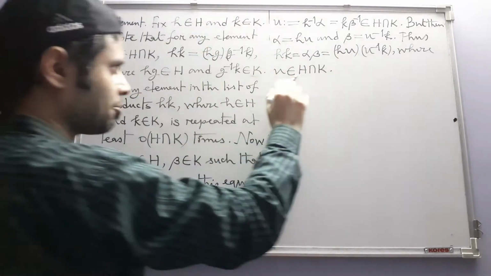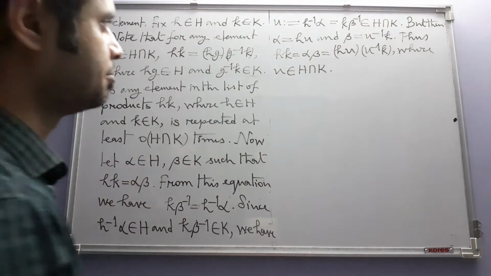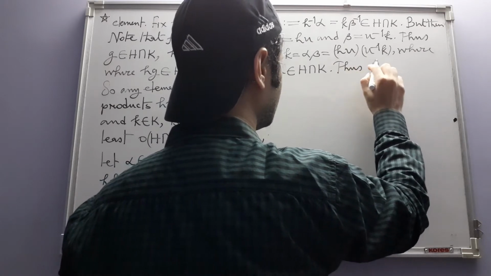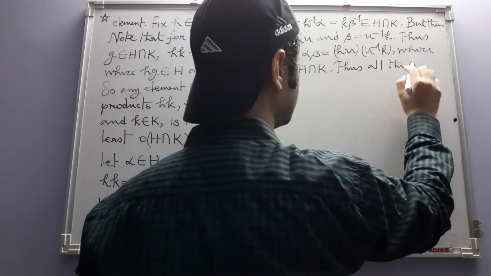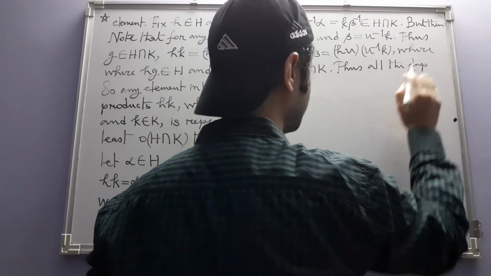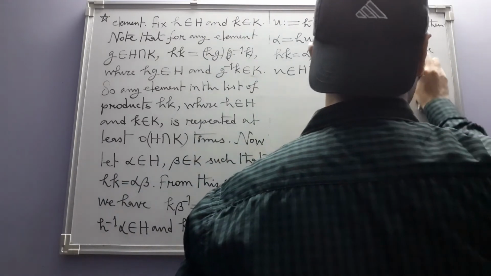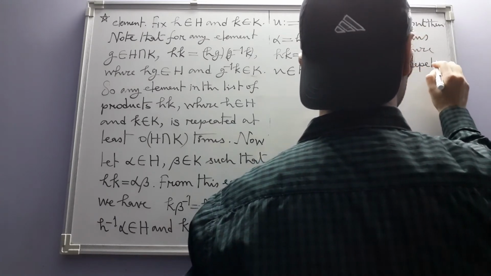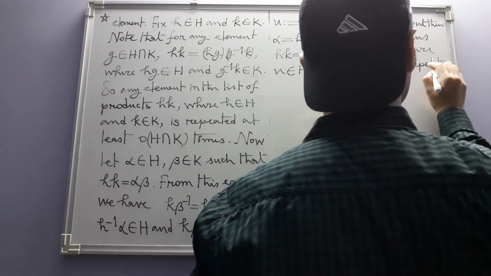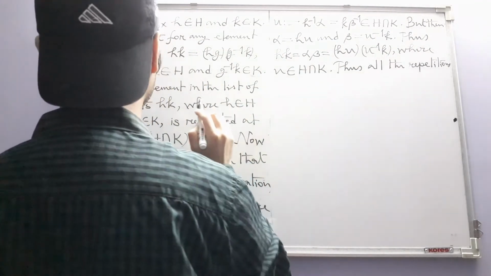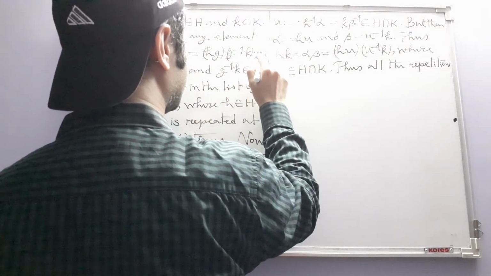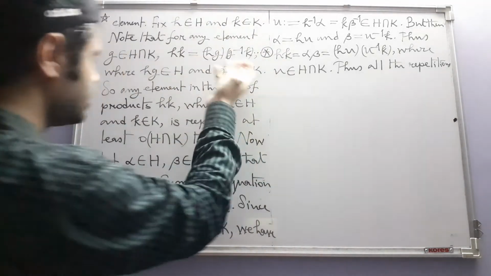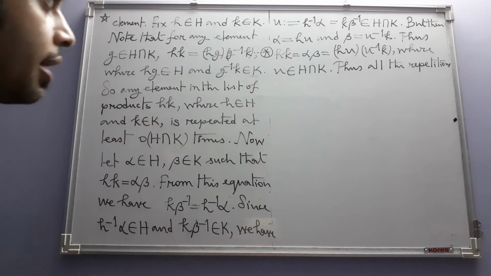because U also now belongs to H intersection K. Thus all the repetitions, if you want, you can write this as an equation and give it a number.